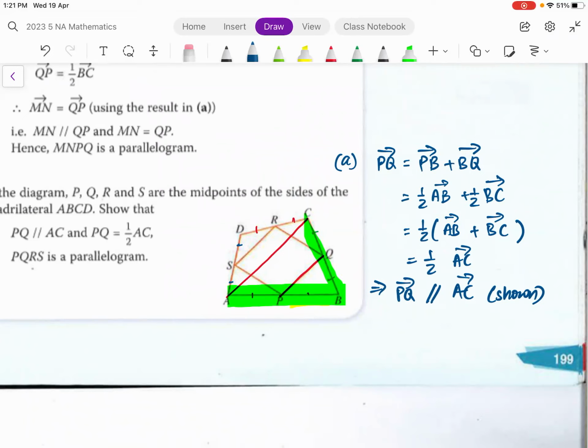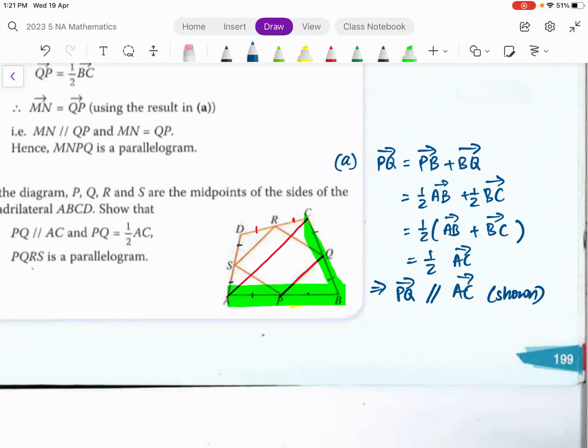T is a point such that OT to TQ is 2 to 1. Did you all draw this on your diagram? OT, you put a 2 and you put a 1 here. You must do it. It helps in your visualization. OP is U, OR is 3V. Express PT in terms of U and V.